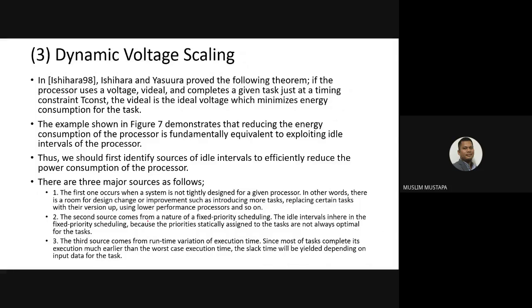And then the second source comes from the nature of fixed priority scheduling, the idle intervals, because the priorities statically assigned to the tasks are not always optimal for the task. So these are the three major sources. This is just for the sake of discussion. You guys can go and read it.